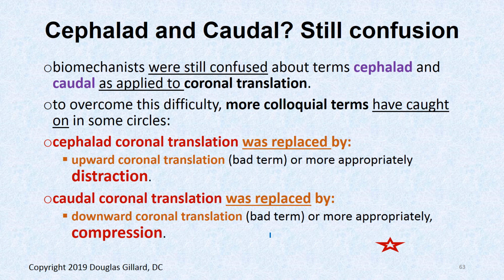No, no, no. Let's replace that by upward coronal translation, or more appropriately, distraction. Distraction is the word you're going to use clinically. Okay, let's do some distraction on his low back, distraction on the cervical spine. Caudal coronal translation was replaced by downward coronal translation or compression.